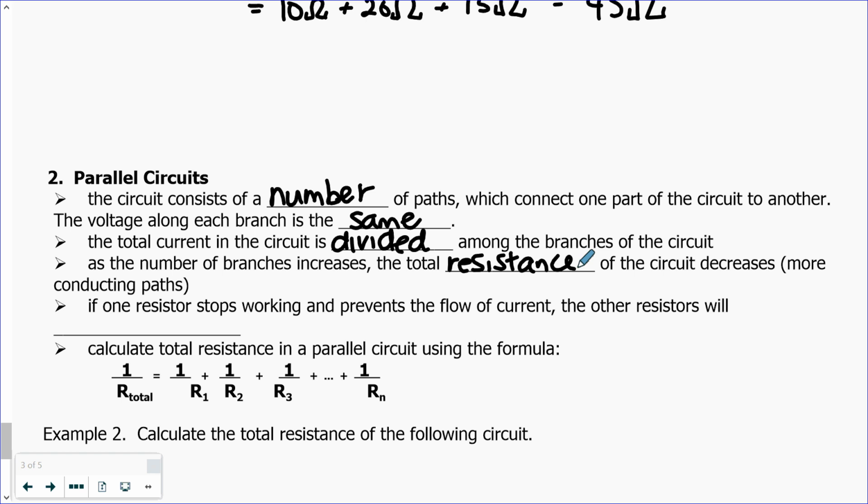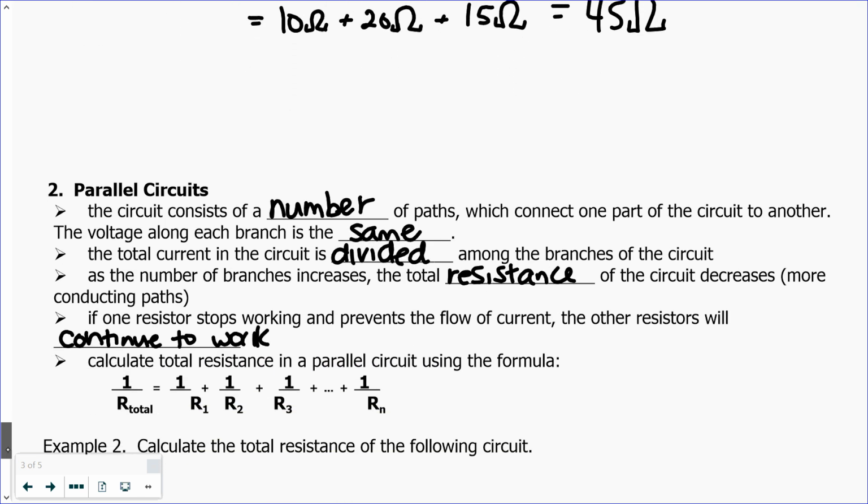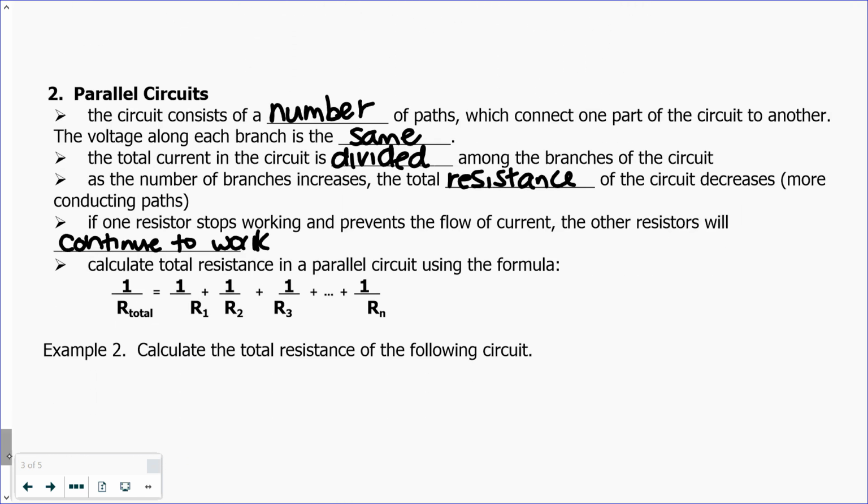And if one resistor stops working, so if one bulb burns out and prevents the flow of current, the other resistors will still continue to work, because again, there's multiple paths through. So in this one, if this resistor stopped working, we would no longer have a closed loop, so we wouldn't have any current running through it. Whereas in a parallel circuit, there are other closed loops that can be used.